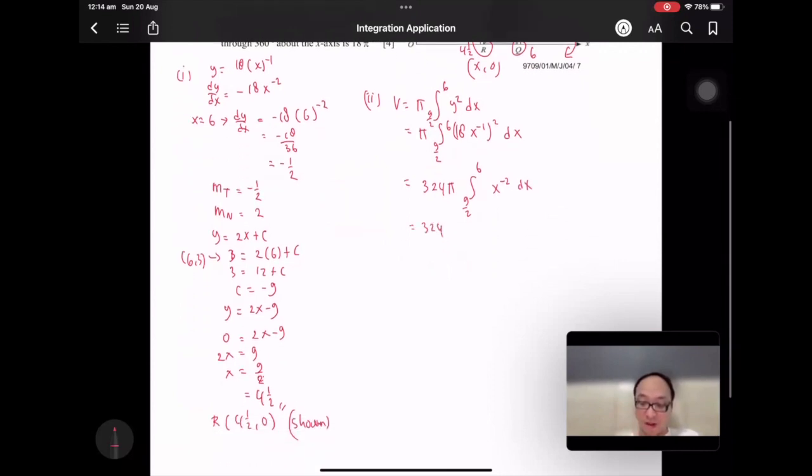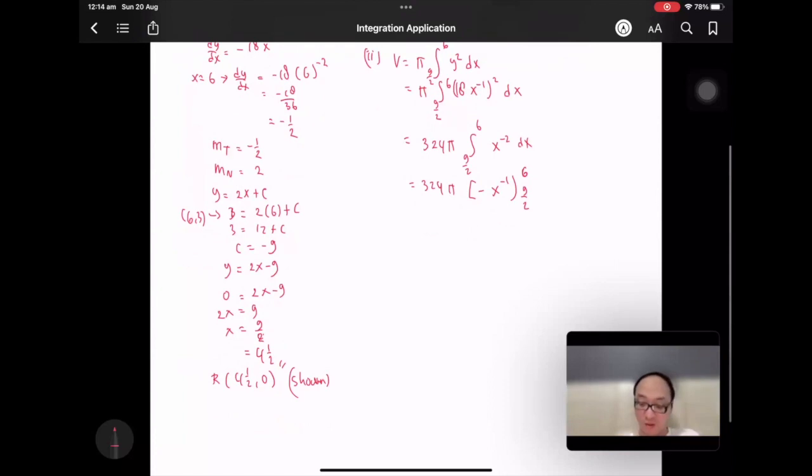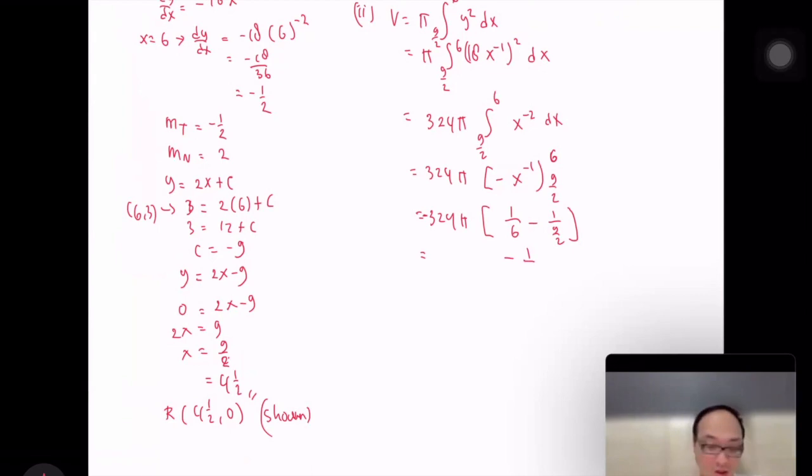So 324 pi. The integral of x to the power of -2 is negative x to the power of -1. So 324 pi, from 9/2 to 6. I put the negative out. So it's 1/6 minus 1 over 9/2. So equals negative 1/18, times negative 324 pi. So it equals 18 pi.